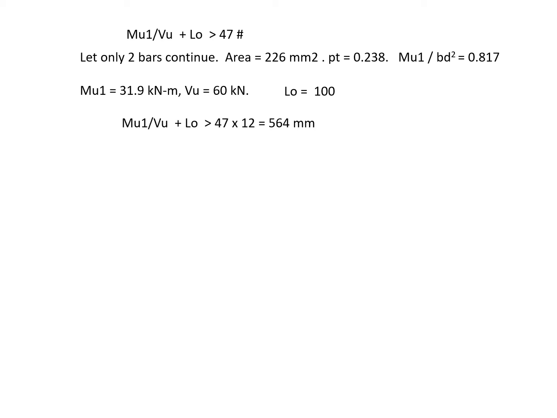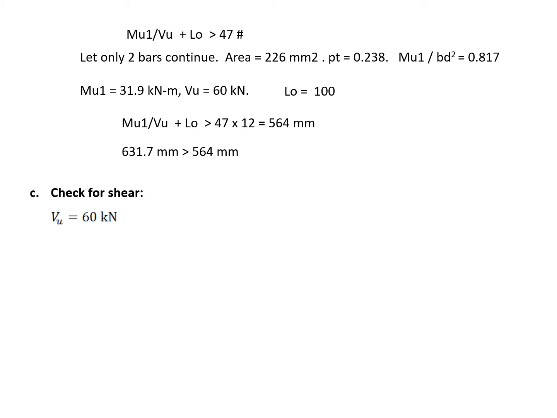So you plug these numbers in the formula and you get 564, and then Mu1 upon Vu plus L0 you get 631, and 47 into 12 you get 564, and as long as it is more than 564, your development length is checked.